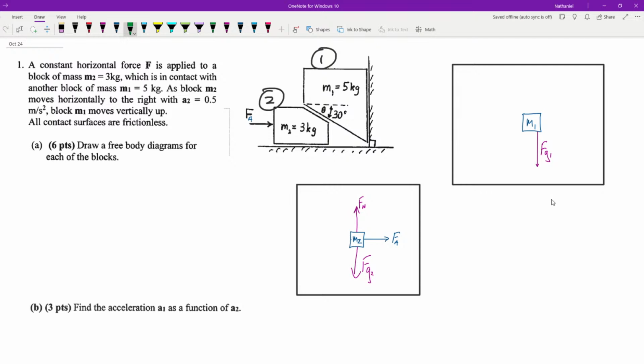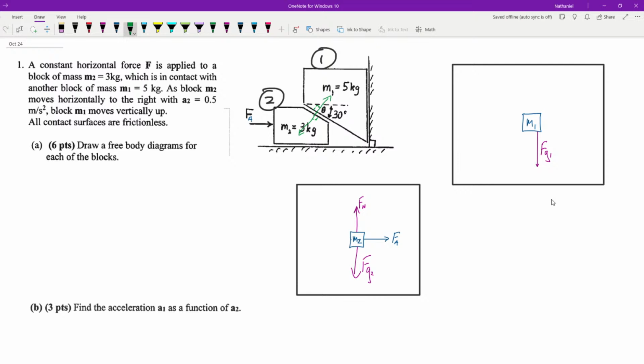But what sort of force does M1 feel? Are we comfortable saying that it will be either up and to the right or down and to the left? That force, and how we see that force.